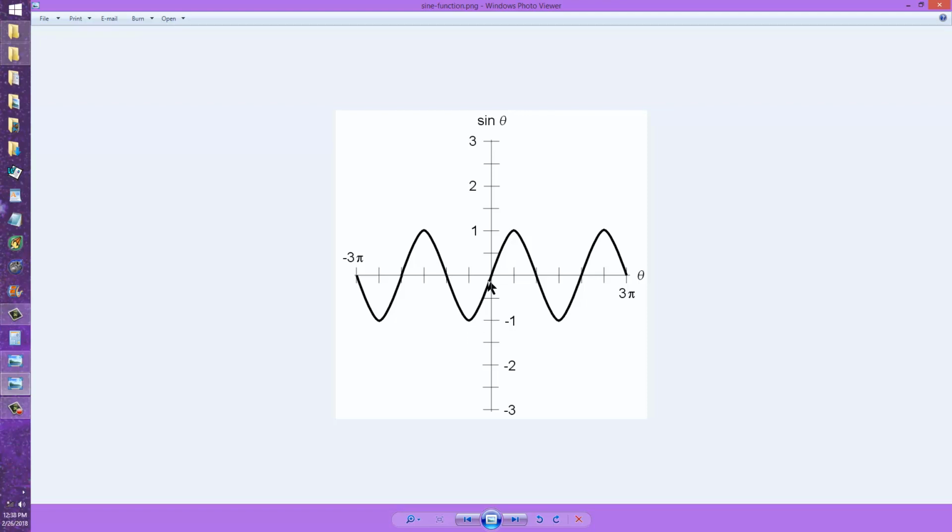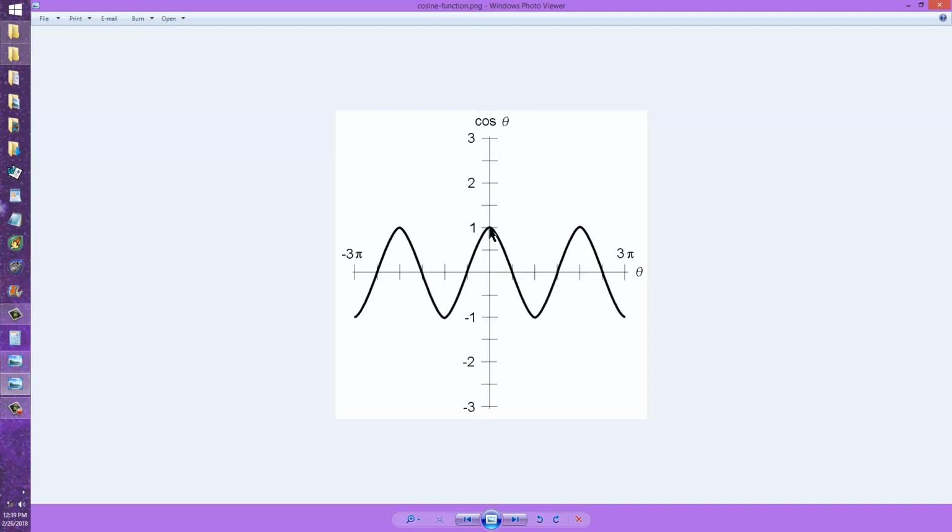So the sine function reaches a maximum rate of change in the positive direction, maximum increasing, say, at 0. That's reflected by the maximum value of the cosine function at that same point.